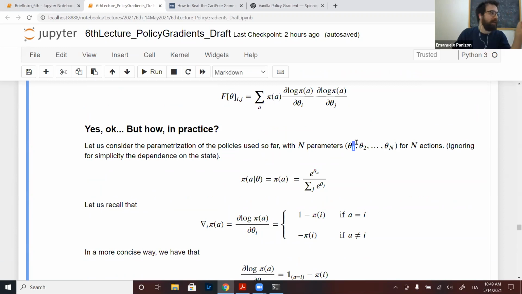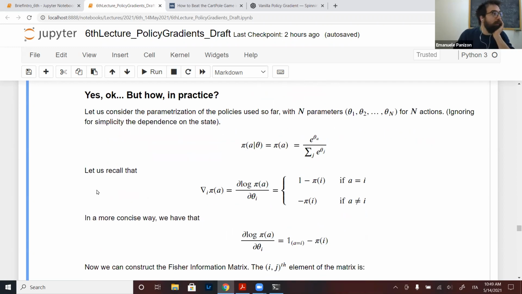We have theta 1, theta 2, etc. Then we know that the policy of taking that action, which I will write π of a, is the exponential of the relative parameter theta divided by the sum over j, over all possible actions, of e to the theta j.